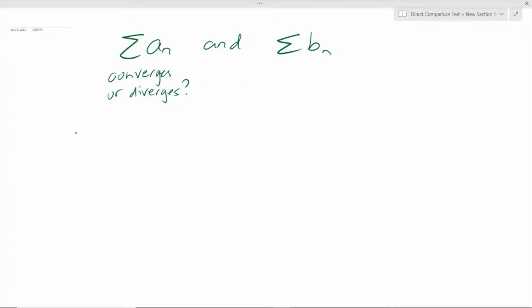So if we have BN being greater than or equal to AN, right, the terms inside of it, if this is true and say BN converges, then this tells us that AN also converges.